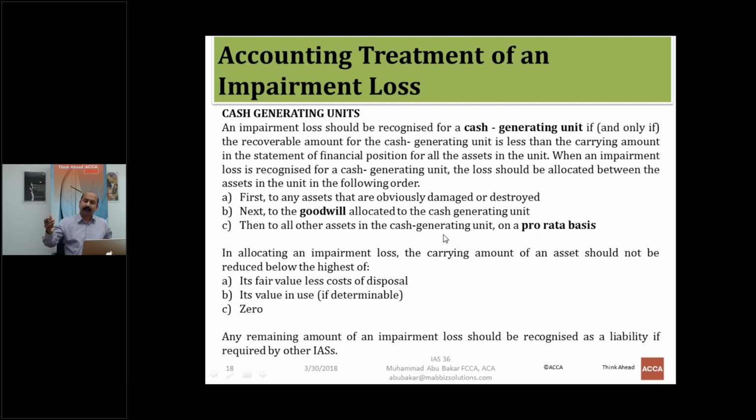But the principle will be that you cannot increase their amount beyond the figure which would have been had there been no impairment. Okay, do you have any question?